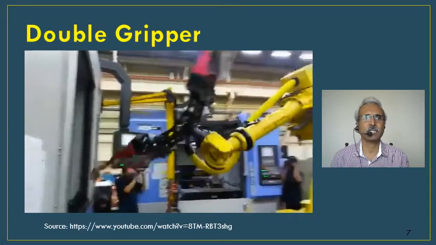So this way you can see that a lot of time is being saved. Otherwise the robot has to every time go pick the raw material, come load it, then unload the finished component, go back. The cycle time increases, and by having a double gripper the cycle time is brought down drastically.